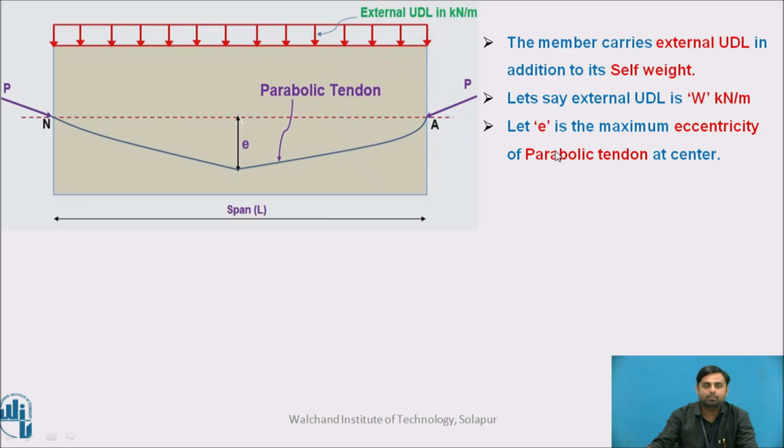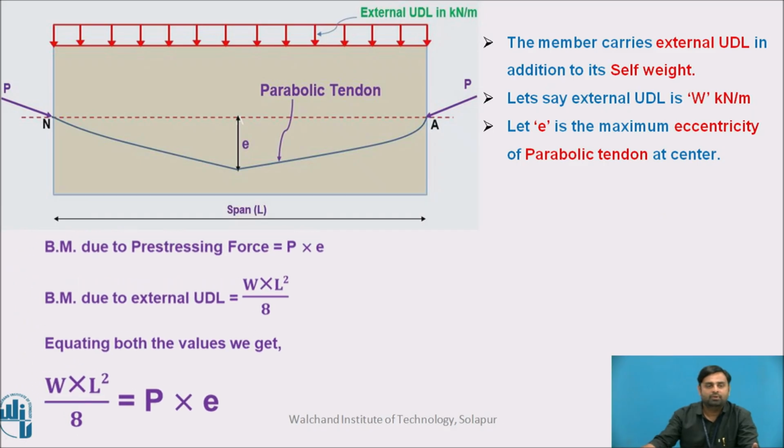Let's say the UDL is W, then e is the maximum eccentricity of the parabolic tendon at the center. So now we know this. The bending moment due to pre-stressing force is P into e, load into eccentricity. Bending moment due to this external load is WL square by 8. If we equate these two, we will get the equation WL square by 8 is equal to P into e.